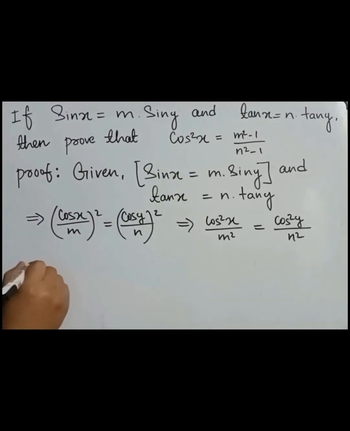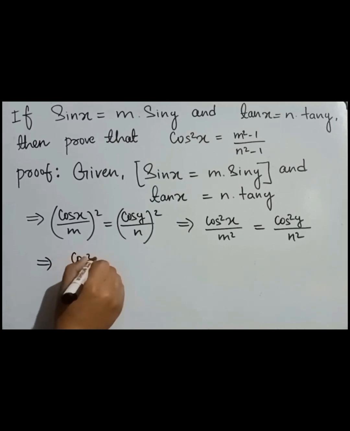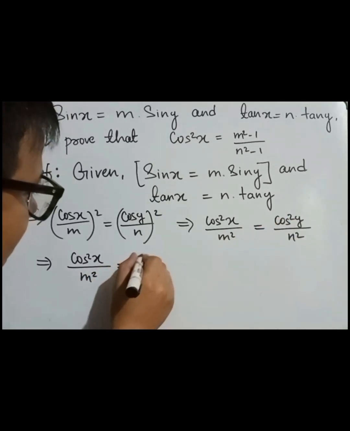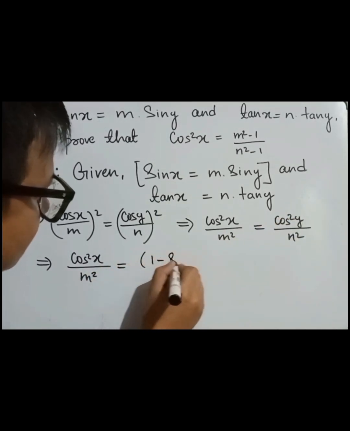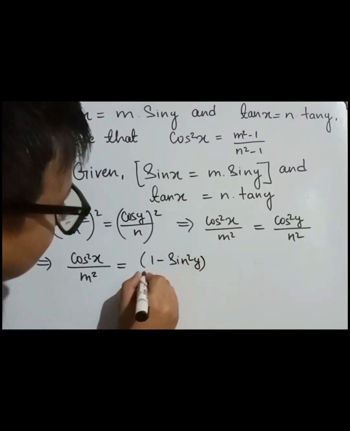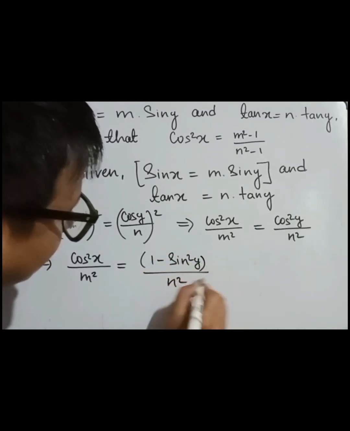Now in the next line, we can write cos square x upon m square, and in the right hand side, for cos square y we can write 1 minus sin square y.